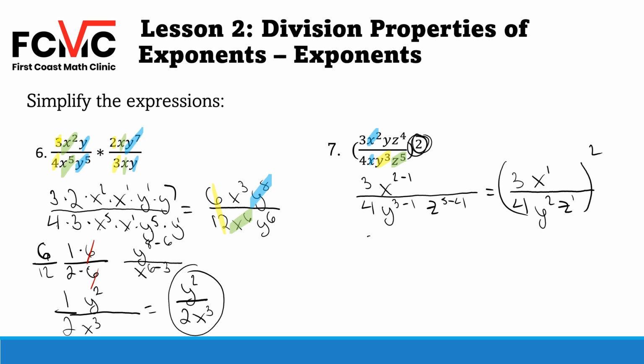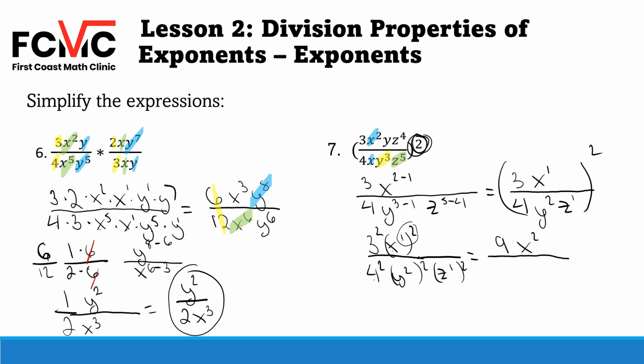So this is going to be 3 to the 2nd power, x to the 1st to the 2nd power, 4 to the 2nd power, y to the 2nd to the 2nd power, z to the 1st to the 2nd power. 3 to the 2nd power is going to give us 9. X to the 1st to the 2nd power, where we use our power to a power rule, so this is going to give us x to the 2nd.